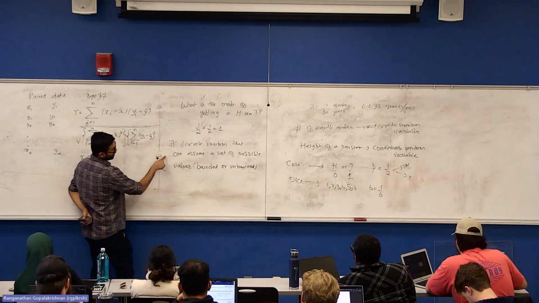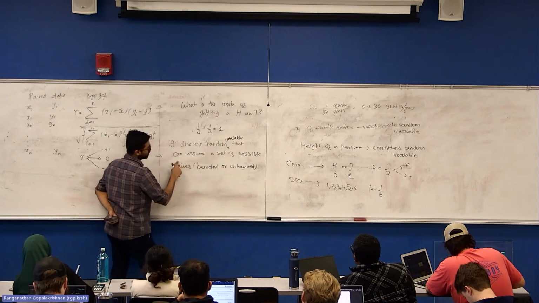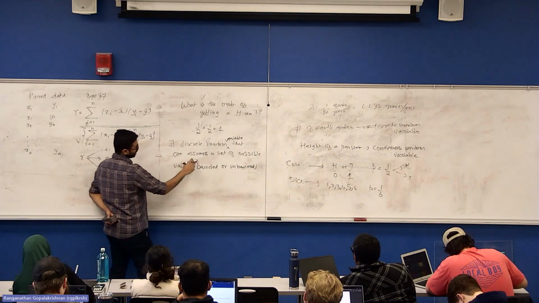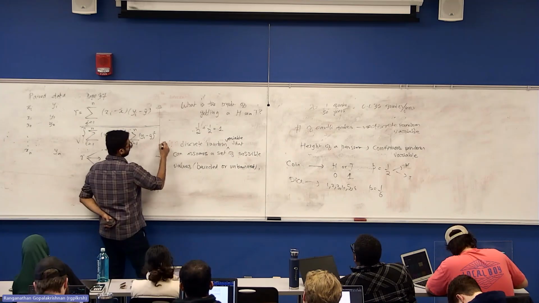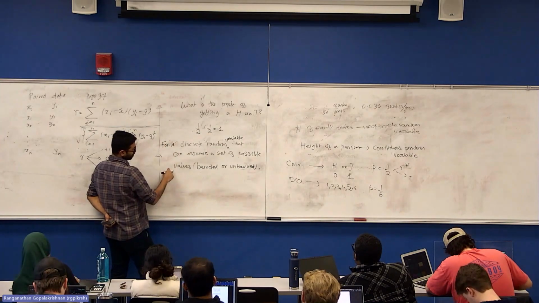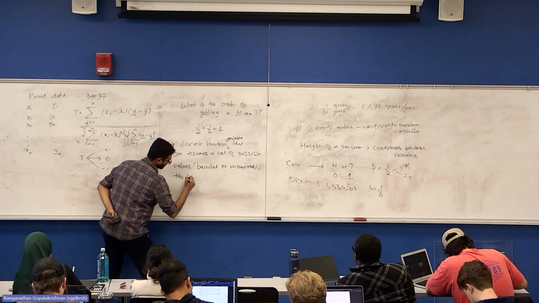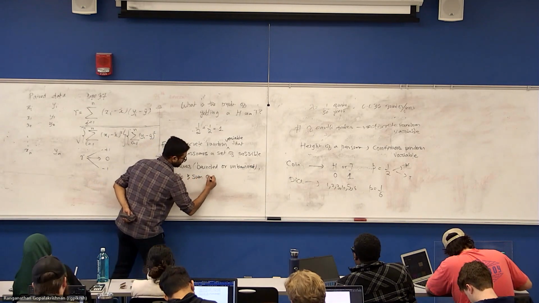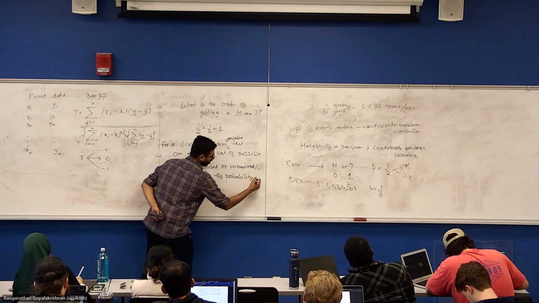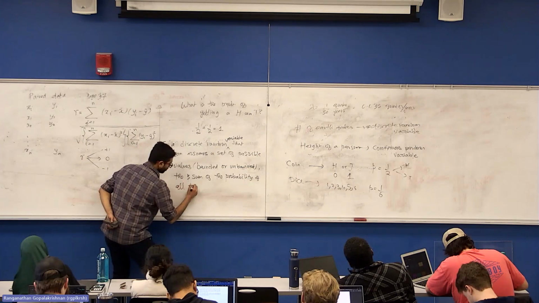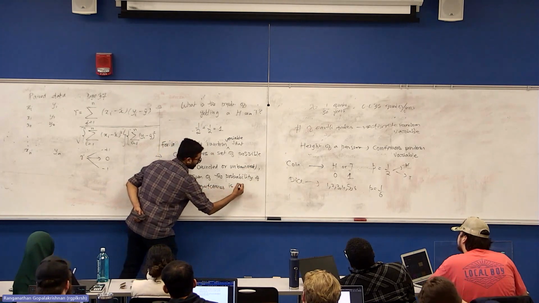A discrete random variable that assumes a set of possible values: the sum of the probability of all the outcomes is 1, or unity.